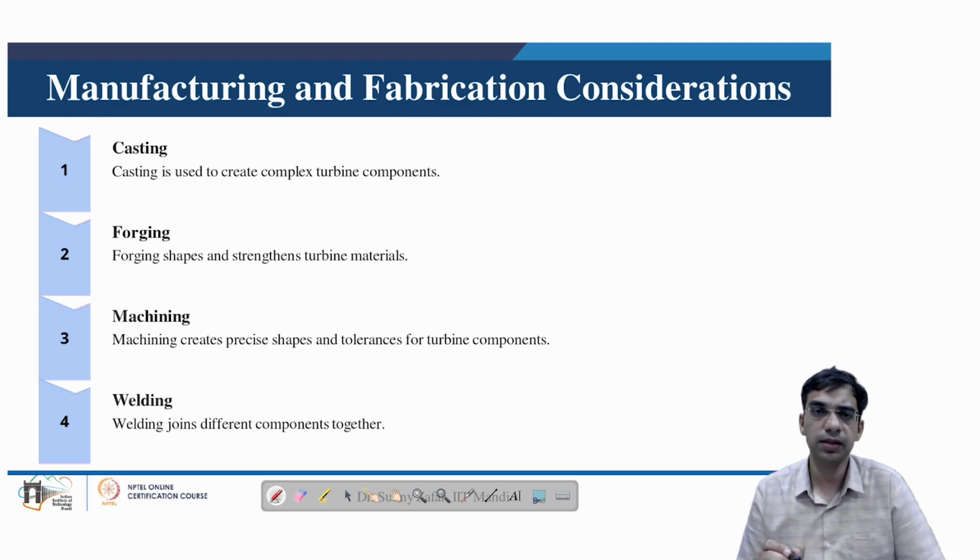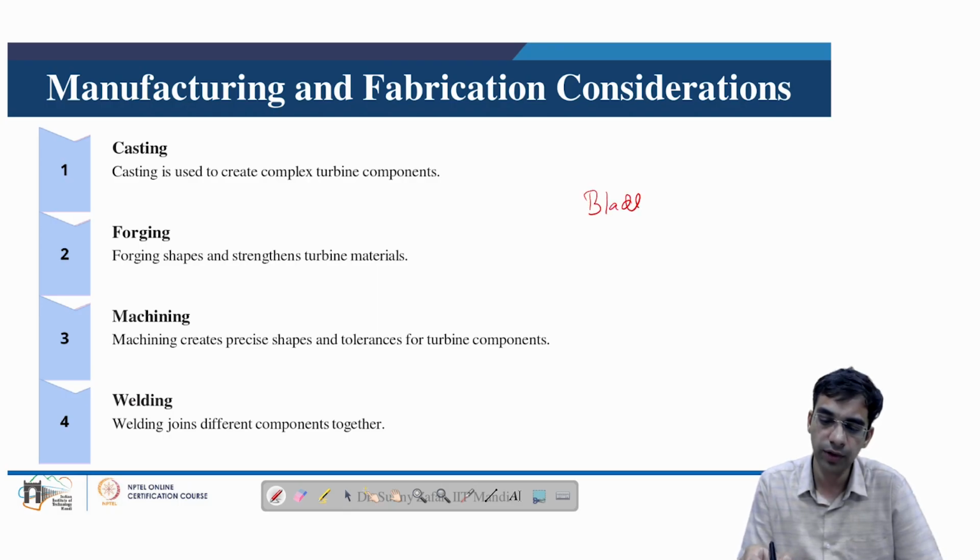Specific casting processes are used to manufacture complex shaped turbine components, because in a turbine, especially the blades are complex shaped, and the shape of the blades in most turbines follows the aerofoil shape.